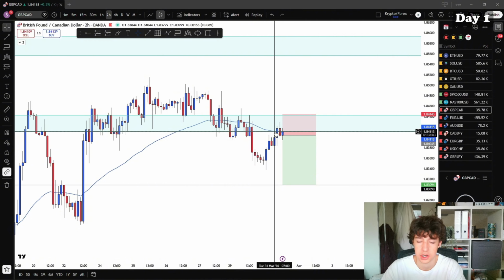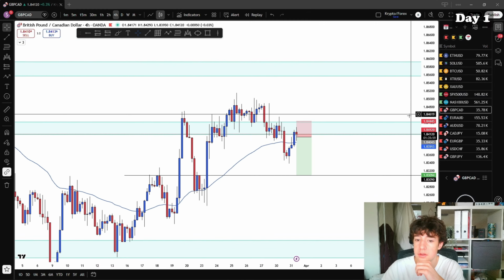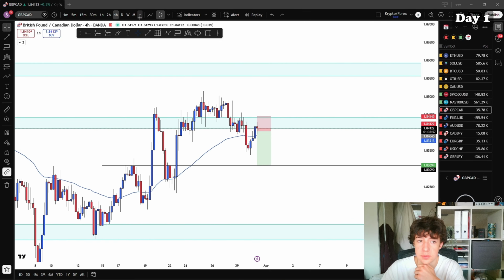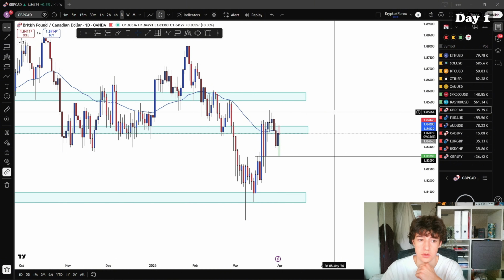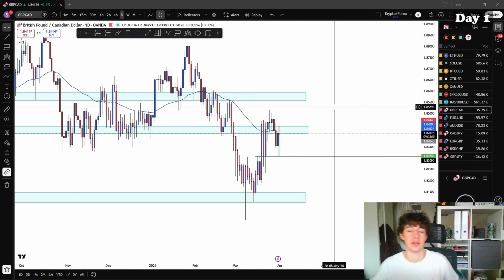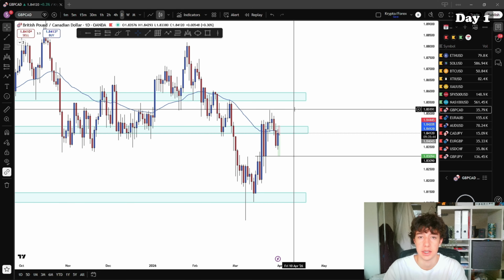We have rejection from the EMA on the 2 hour, and that's basically it. I'm already in this trade by now, so let's wait and see what's going on with this trade. I'm gonna update you in a little bit.